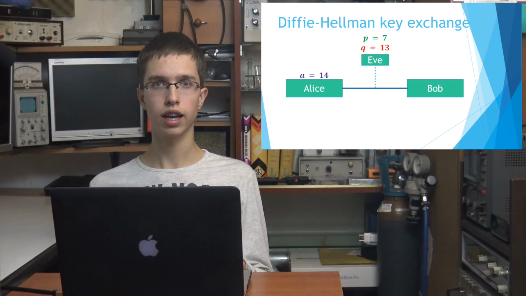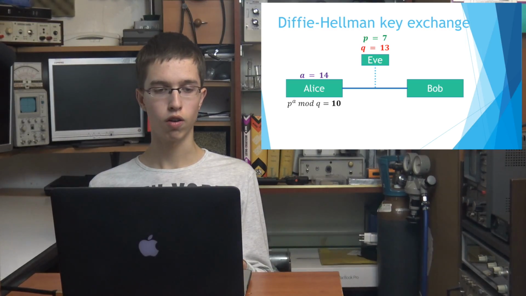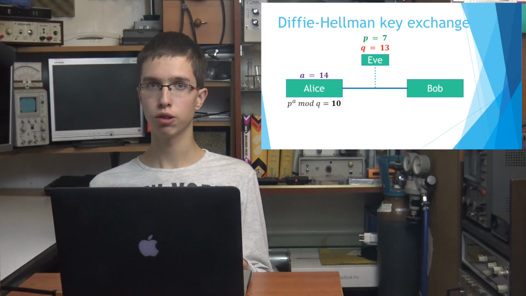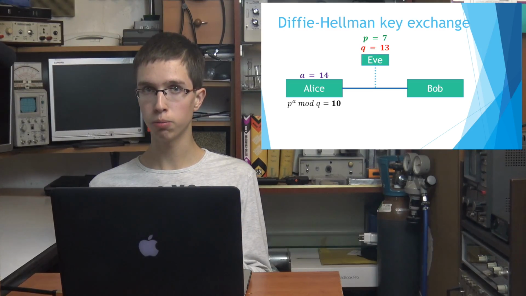Next, Alice chooses a private number, say a equal to 14, and then does modular exponentiation arithmetic of p to the power of a modulo q, which is here 7 to the power of 14 modulo 13 equal to 10, as we can see. We can calculate this using a computer. This resulting number 10 is sent publicly so that anyone, including Eve and Bob, gets it.